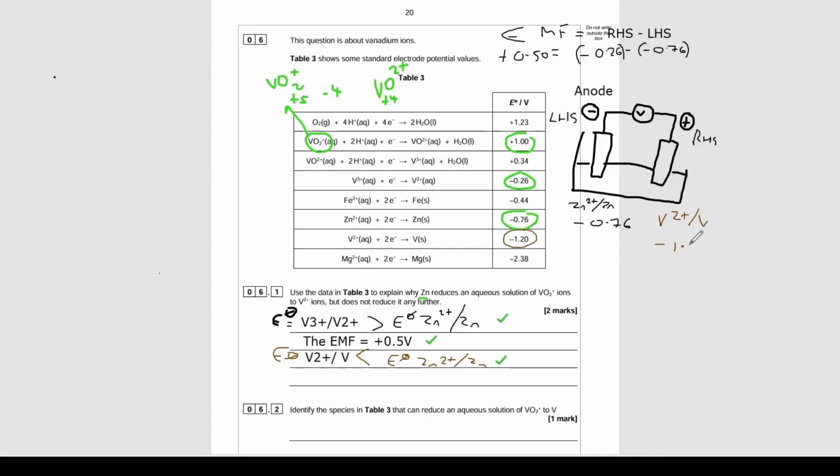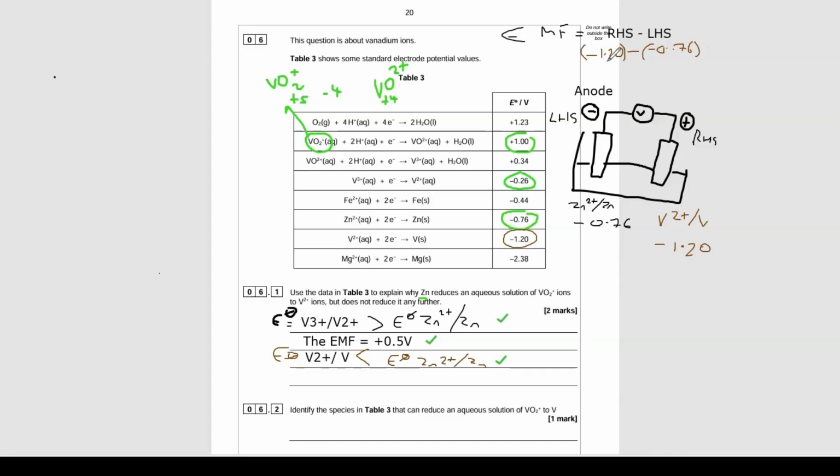So let's smash this into our calculation up here, right-hand side minus left-hand side. The right-hand side is minus 1.20, and then we take away minus 0.76. And if you prefer it to be in brackets, I'll put it in brackets for you.